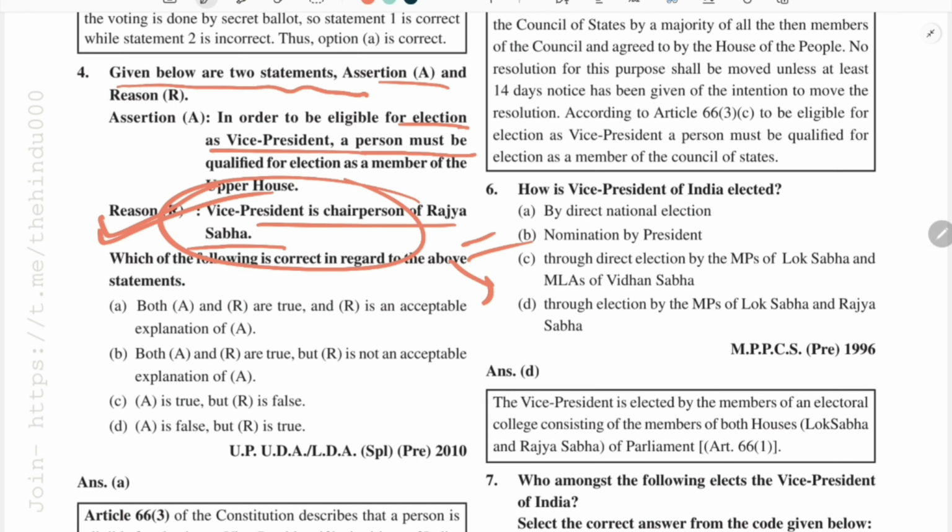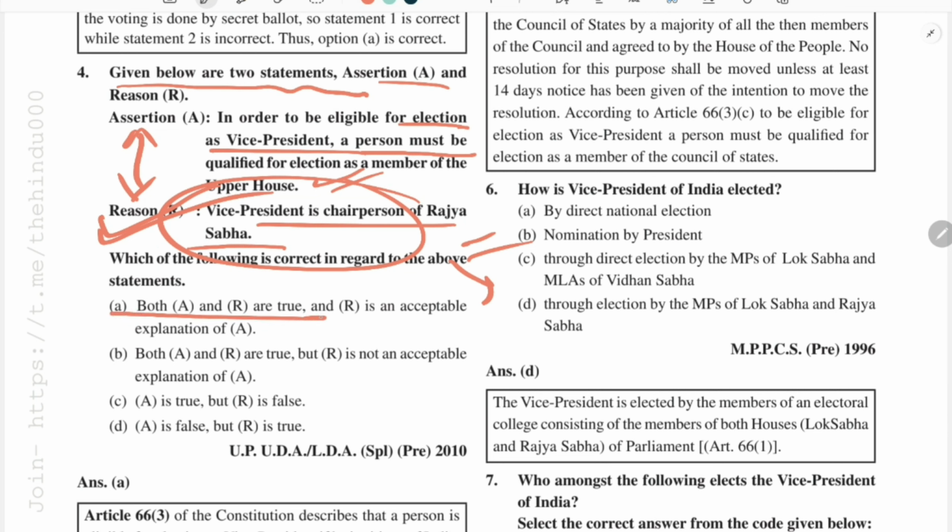So this statement is also correct, but we have to understand the relation. He must be qualified for election as a member of the upper house; the reason is that the Vice President is the chairperson of Rajya Sabha.